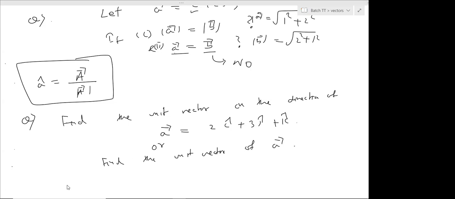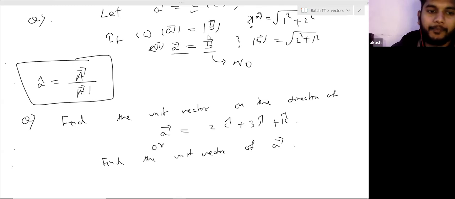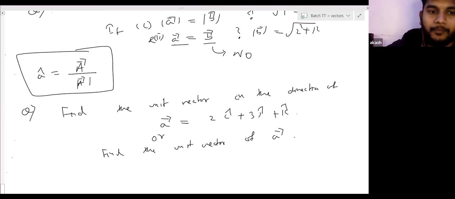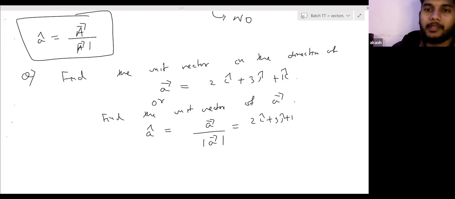Fawaz. Rest of you, have you solved this? Kinza, Jiva, Ryan, Alan, Ahmed. Yes, sir. All right. Got the answer? All right. So how to find A cap is A vector upon mod A. So A vector is 2i cap plus 3j cap plus k cap upon 2 square is 4, 9, 13 under root 14.